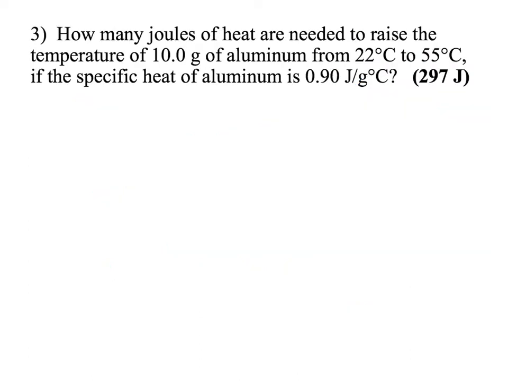How many joules of heat are needed to raise the temperature of 10 grams of aluminum from 22 degrees Celsius up to 55 degrees Celsius? The specific heat of aluminum is about 0.90 joules per gram degree Celsius. So in this case, we're again solving Q equals mc delta T. We just substitute in our numbers.